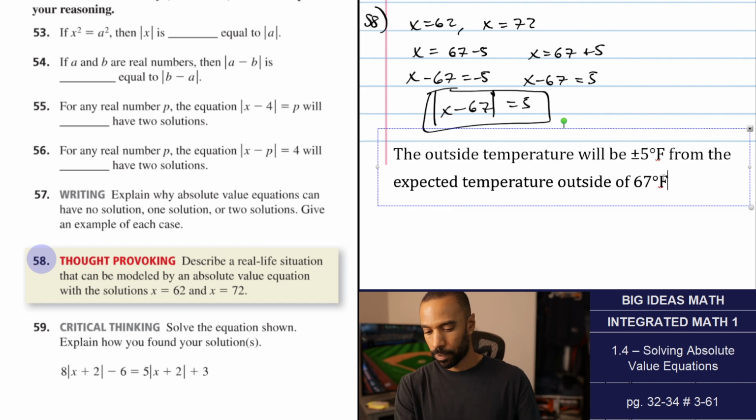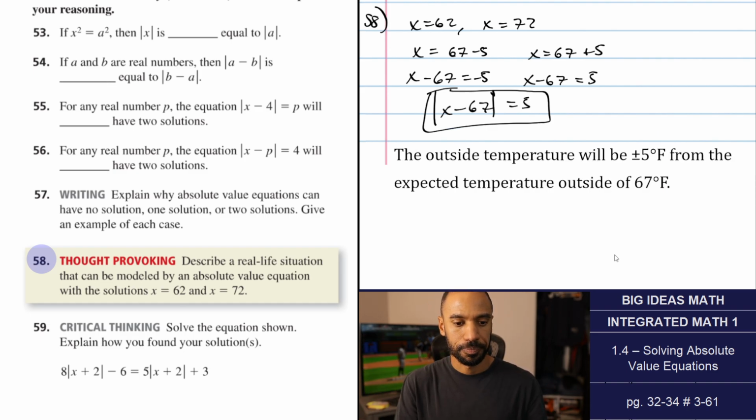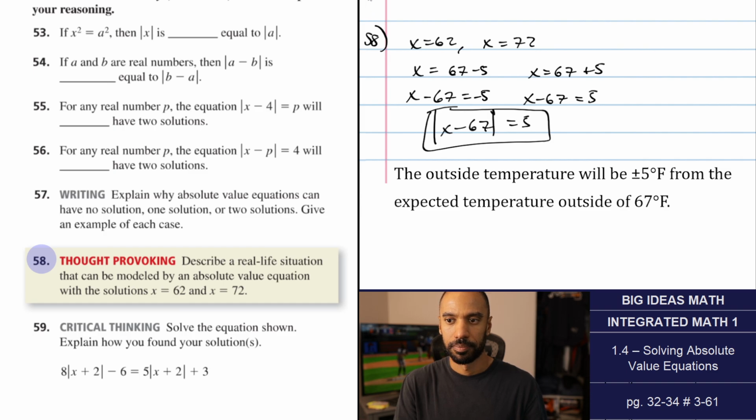There you go. And that's the equation that we use to model it.